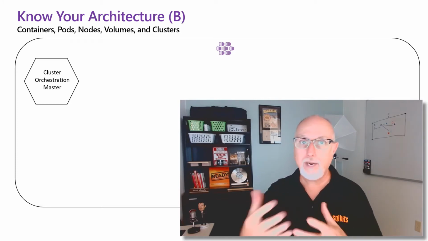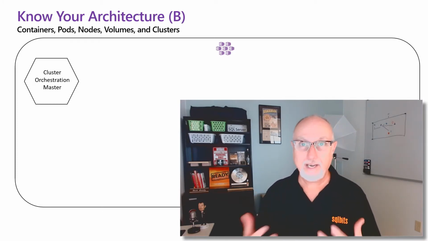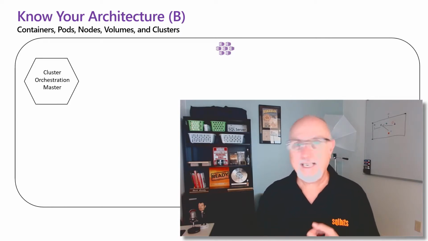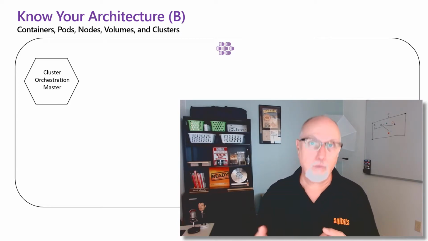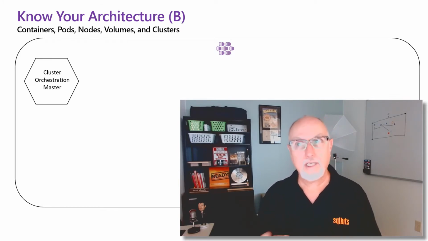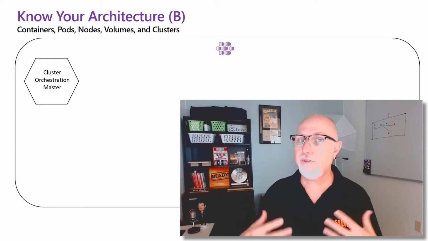Now we need a way to protect our storage. We will be running databases and so on. So if we were to store our data inside a container, that goes away when the container stops. If we were to store it inside the pod, that goes away when the pod goes away. If we were to install it on the node, if we were to put storage there, that could be a problem if the node fails.